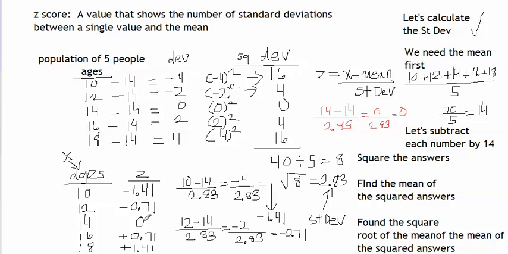This person is 1.41 standard deviations above the mean of 14. Because if you think about the age of 18, which is this person's age, and the mean of 14, that distance between 18 and 14 is 1.41 standard deviations in this case, meaning 1.41 standard deviations fit in that distance.